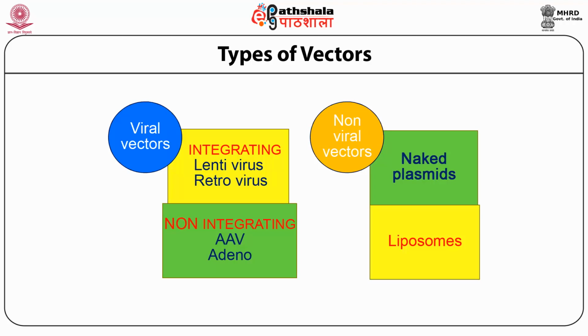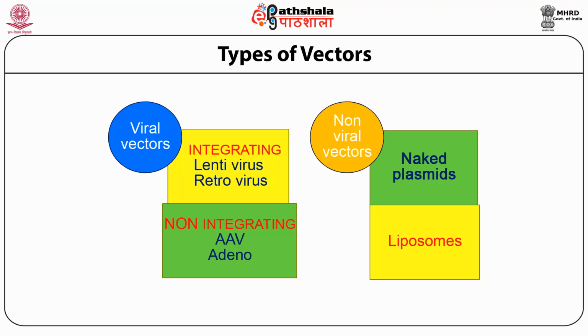Taking advantage of this quality, viruses have been engineered to remove essential genes involved in their assembly, replication, or infection and introduce therapeutic genes instead, to be delivered with high efficiency into the target cells.